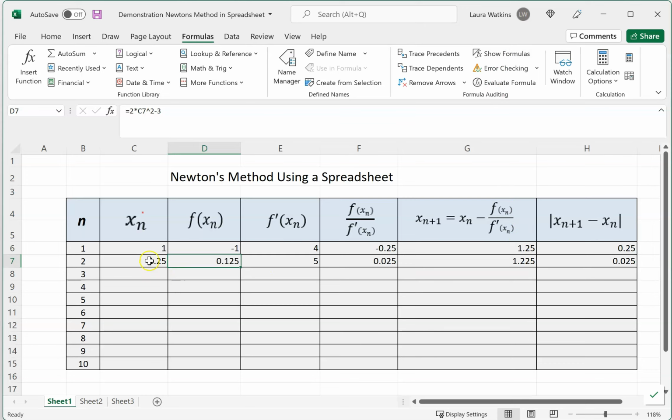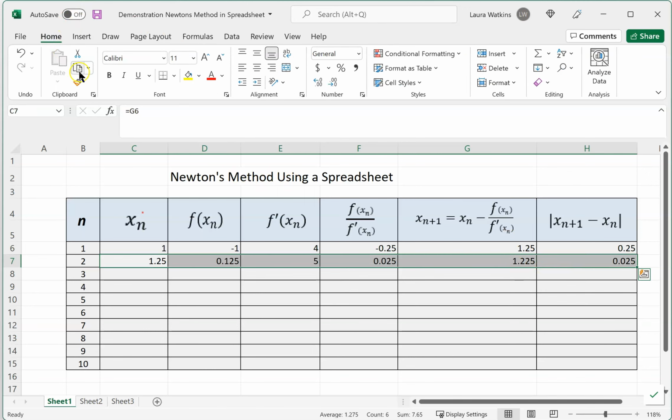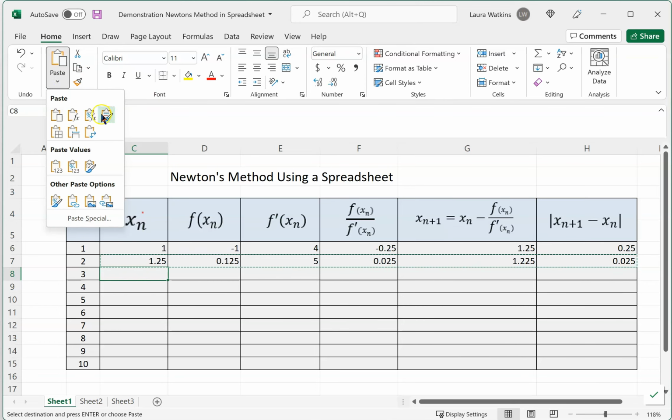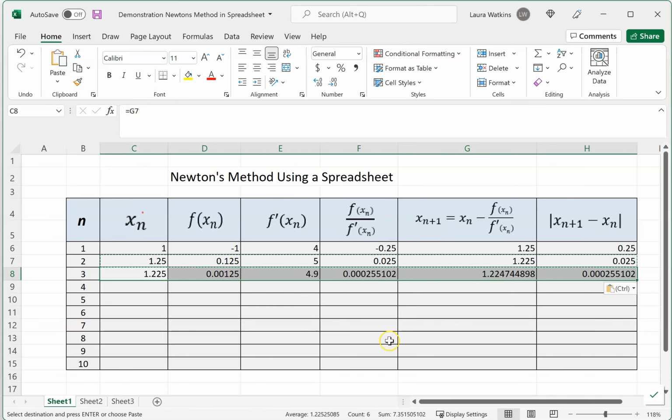At this point, I've got 2 complete rows, and notice that the difference between 1.25 and 1.225 is getting smaller, so our successive iterates are getting closer, but we're still not quite close enough. So I'm going to take this entire row, copy it, and paste the function into the next row.